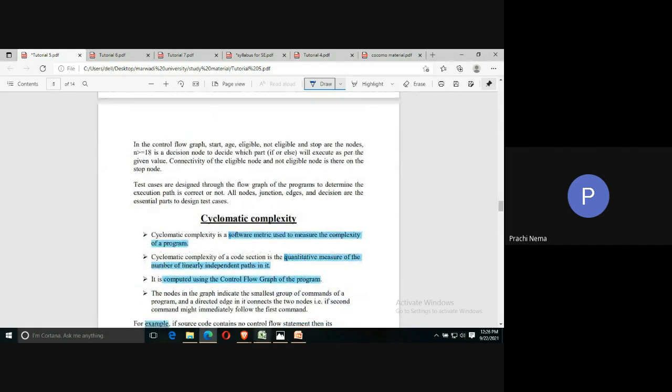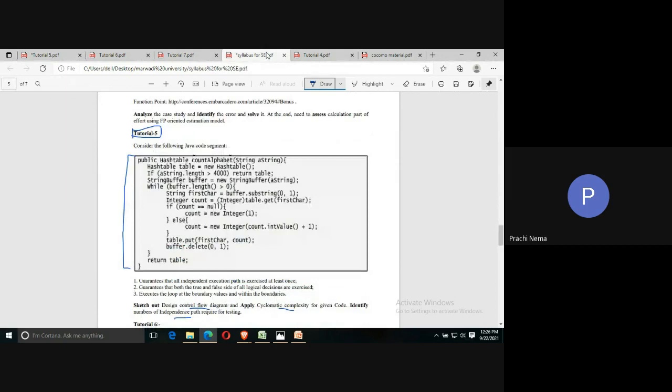Similarly, you have to draw the control flow graph for this code. This complete code has one if, one while, then there is an if-else.